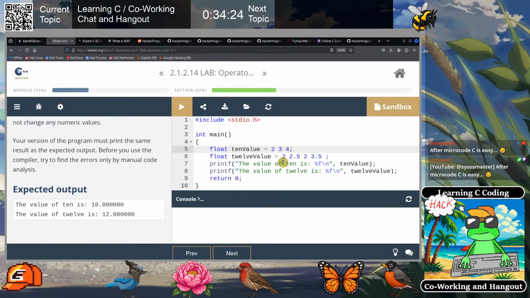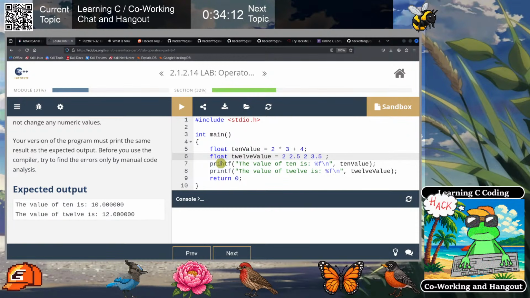How does this make 10? So this would be 2 times 3 plus 4. So that makes 10. So this is 6 plus 4 is 10. And then we've got 12 value is... How do we make 12 with these numbers?